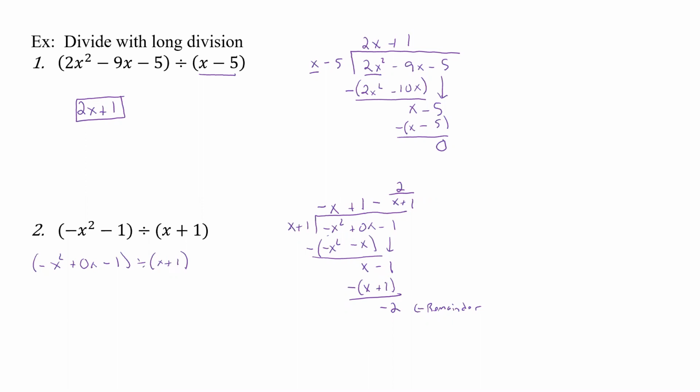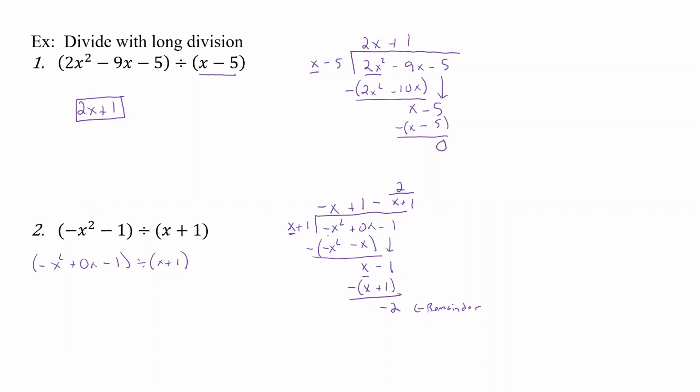So you're not going to always get what you need. In this case, when we took a plus 1 times this, we got x minus 5. And then when we subtracted, it was 0. But this time when we take this times a plus 1, we get x plus 1. And so then when we subtract, it's a minus 1, which is minus 2. So you just have to look at the first term here and the first term here.